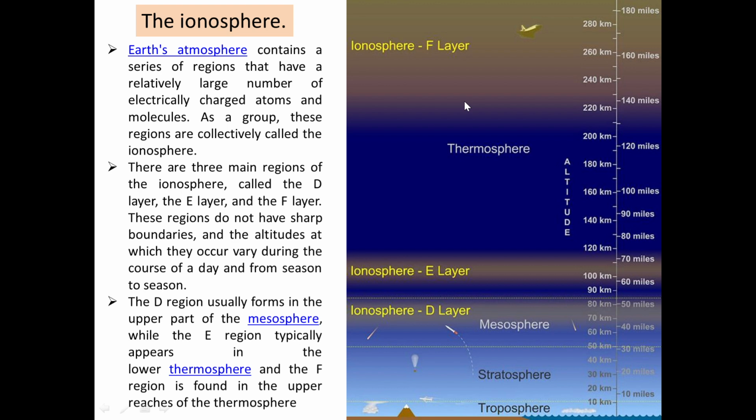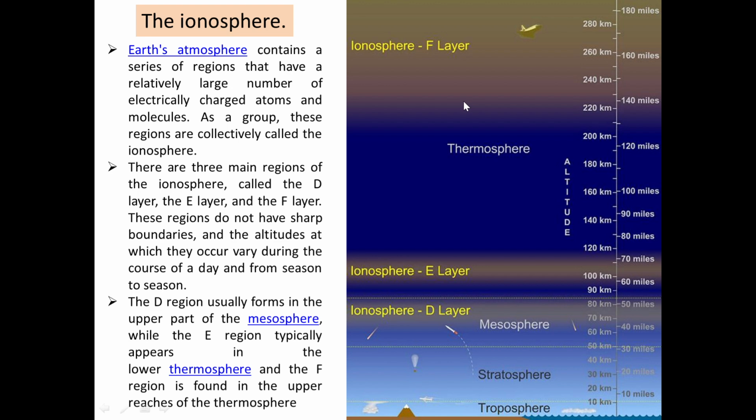Okay, then we come to the next point: the D region usually forms in the upper part of the mesosphere. Sorry, I earlier said it is the lower part, but it is the upper part of the mesosphere. Then the E region typically appears in the lower part of the thermosphere, and the F region is found in the upper reaches of the thermosphere.